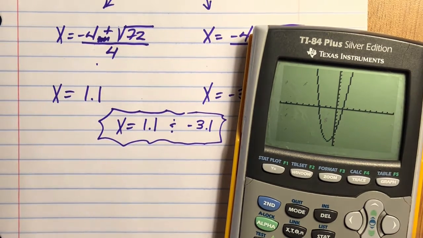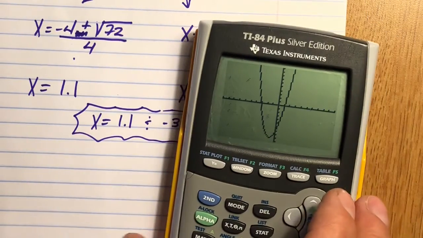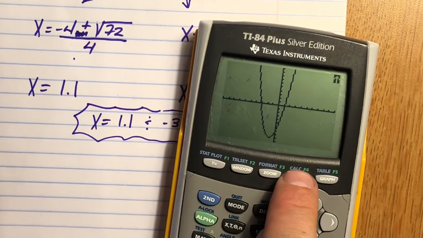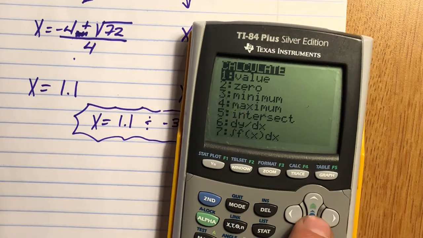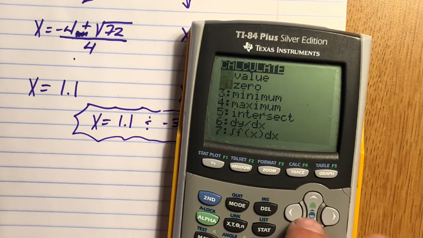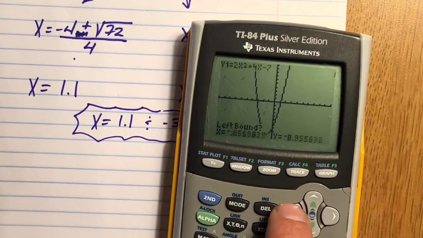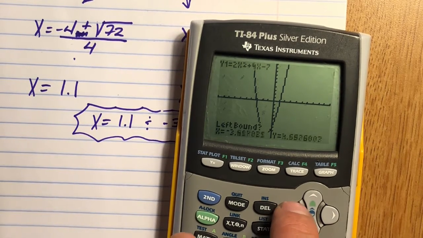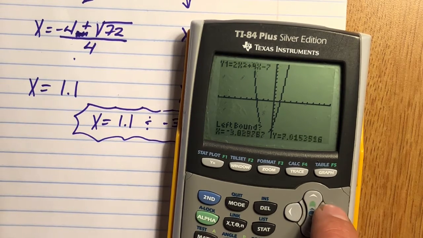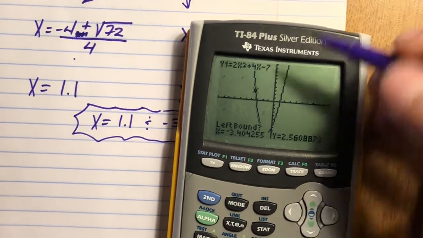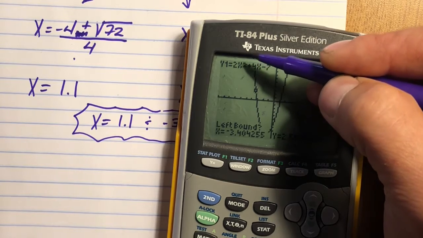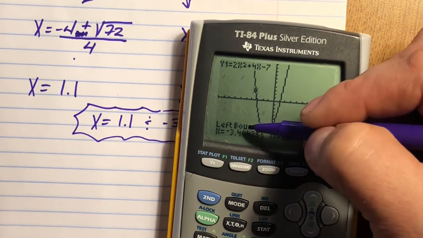If I want to find the exact one, I can go second, calculate. I want to find the 0. Your calculator's pretty smart. If you say you're looking for the 0, this goes on to infinity, so you have to put what we call boundary lines.